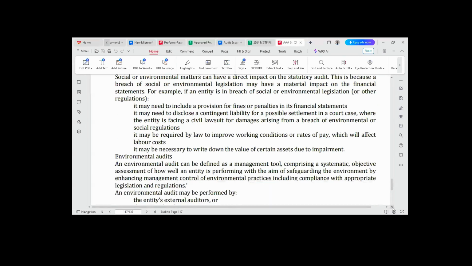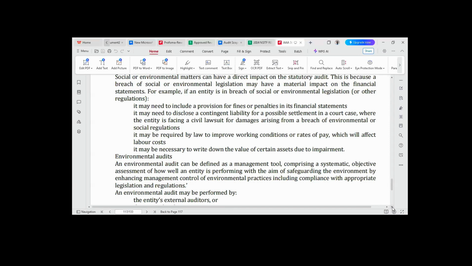Now, I want to ensure that the organization is not contributing to further degrading the environment or exposing the environment to further harm. For instance, by releasing toxic chemicals or gases to the atmosphere.